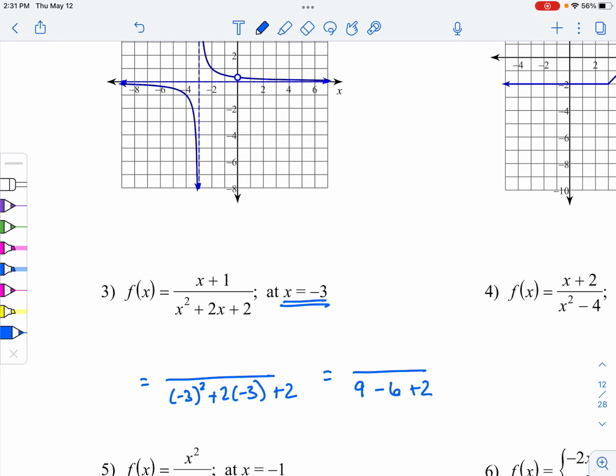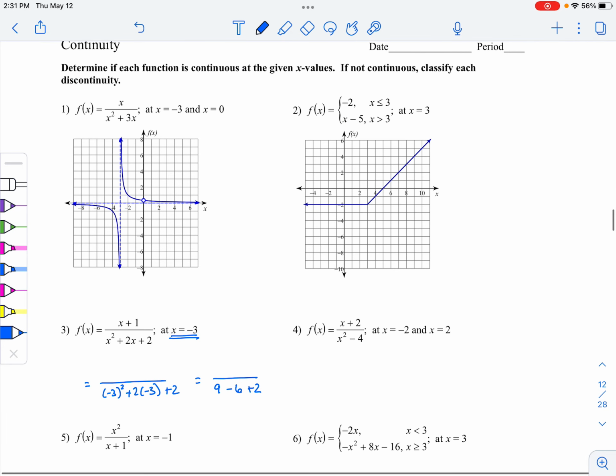And you can quickly see here that I would not have 0 in the denominator. So the question says, determine if each function is continuous at the given value. And because I actually will get out an answer, I will get -2 over 5. I would say, yes, it's continuous.